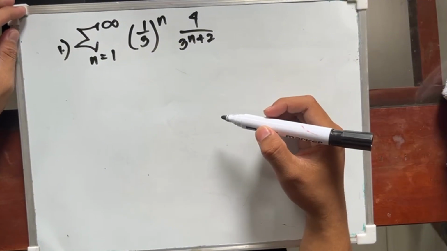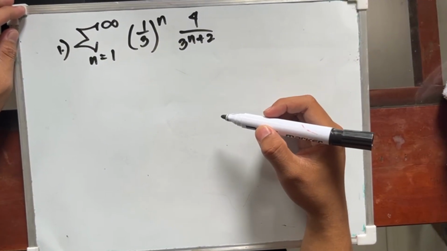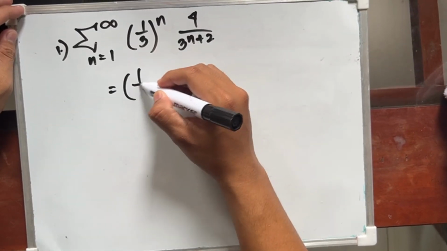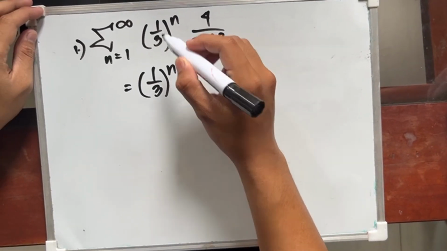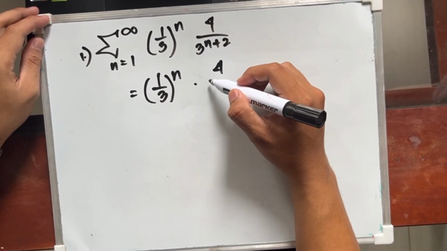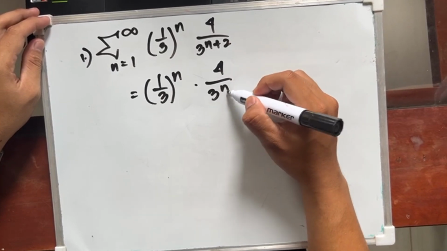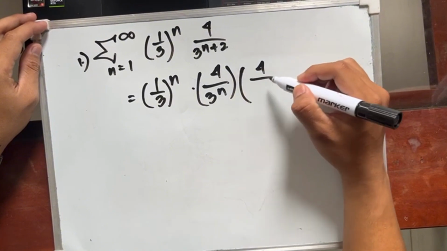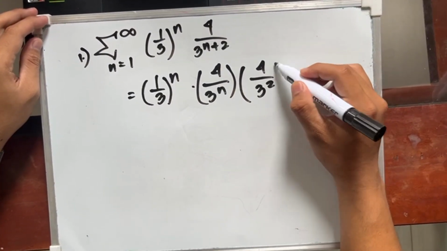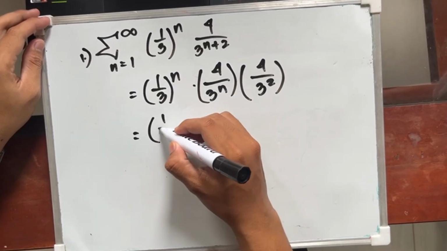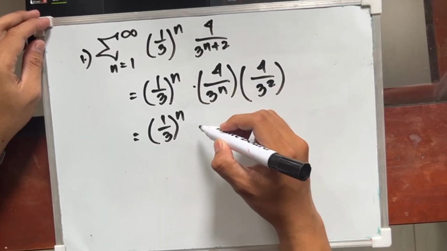So let's solve this. We can bring down 1 over 3 raised to the n, and 4 times 4, 3n, then times 4 over 3 squared, because we separate them. Then copy the 1/3 raised to n.